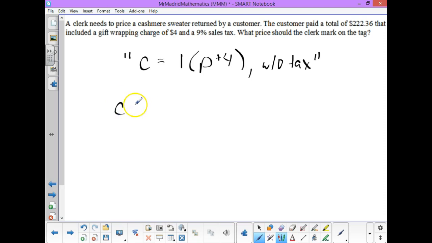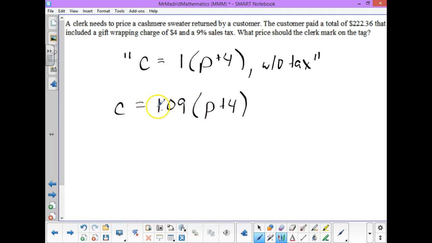It means to consider that the actual cost then is not the dollar for dollar, but really I'm paying $1.09, right? Because of the sales tax for each dollar that is charged for the cashmere sweater, plus for each of the $4 that is being charged for the wrapping. Okay. There's different ways and schools of thought on thinking about that. We've covered this in the past, but that's kind of the approach that I'm taking here.